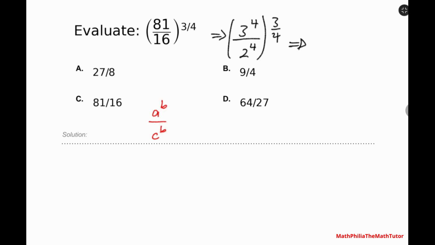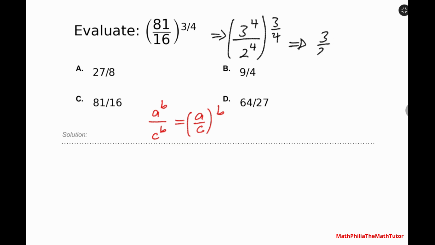You can factorize the power out. That is A divided by C in bracket all raised to the power of B. So this is the same as this. The exponent B is for both A and C. So if you know this, you can just apply it to this question here.